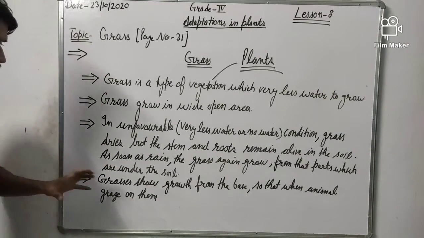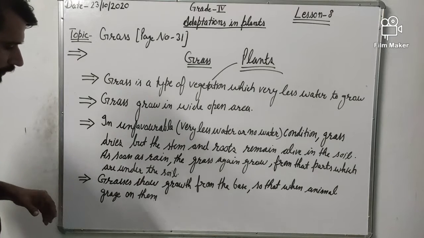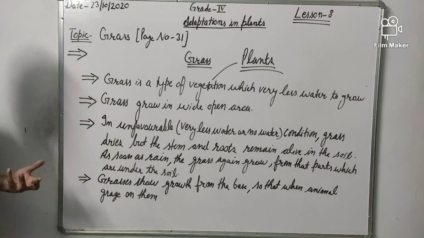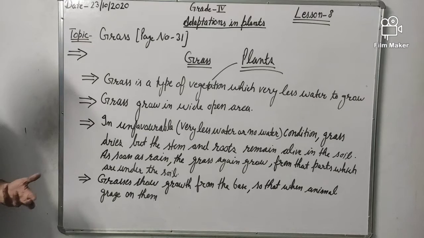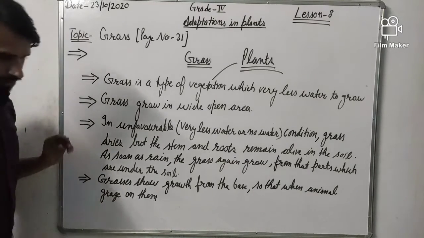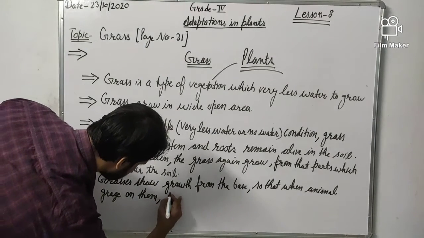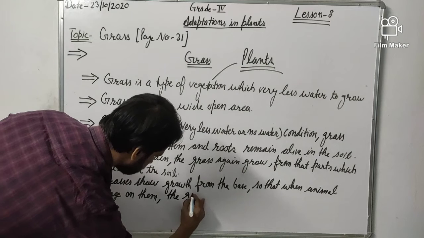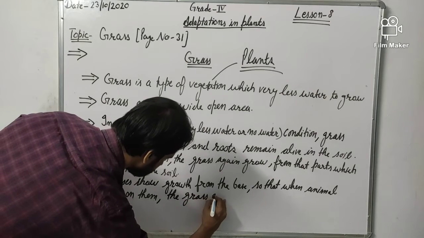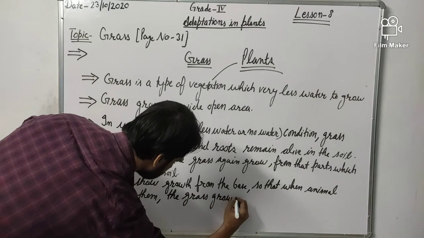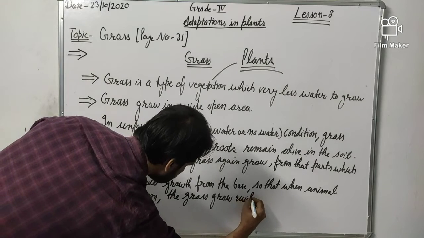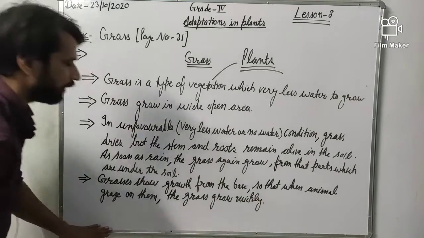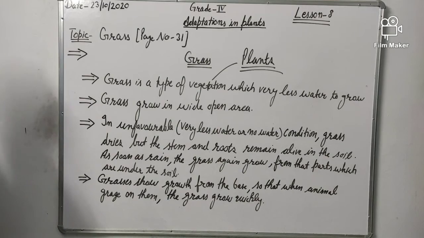Because they show growth from the base, after grazing, the grass grows again, and it grows quickly. Okay, so these are some adaptations of grasses.